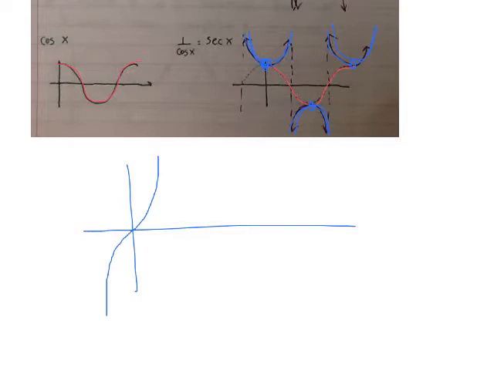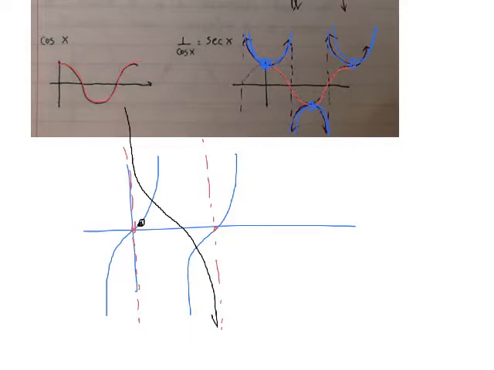So 1 divided by 0 is undefined, so this is where we wind up getting our asymptote every time it crosses. So every spot where tangent crosses, we're going to have a vertical asymptote for cotangent. And then we can say 1 divided by a really small number is a very large number, and it comes down and does something like that.